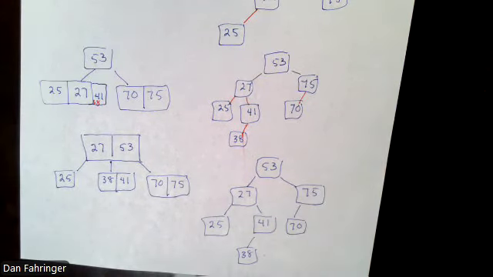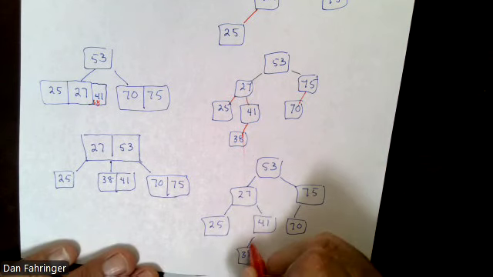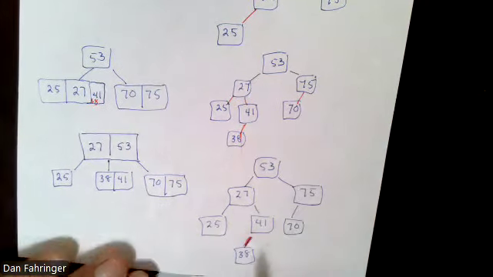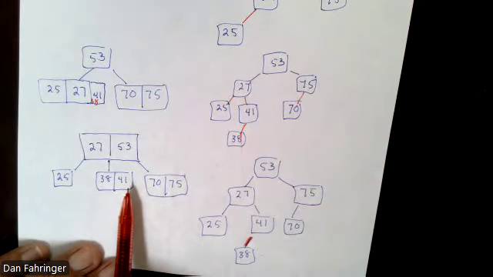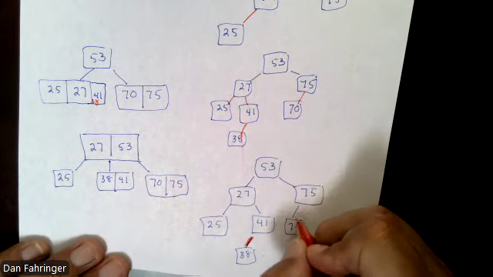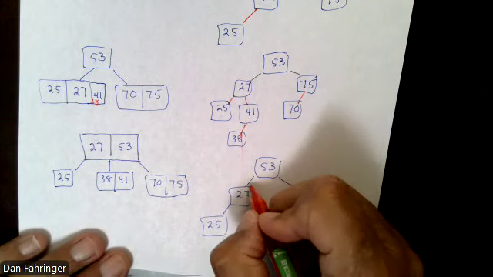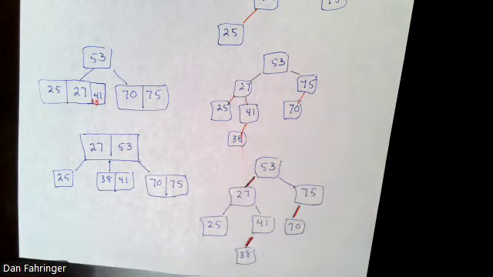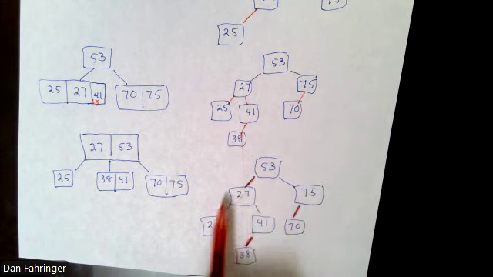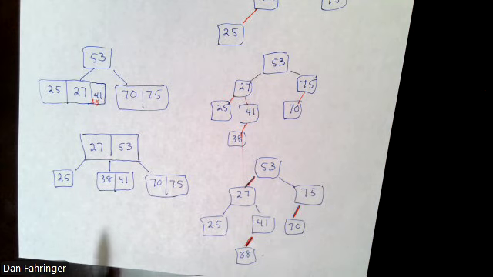Okay, shouldn't have drawn the lines in. This became a red. 38 and 41 are siblings. 70 and 75 are siblings. 27 and 53 are siblings. I have one black, one black, one black. 27 and 53 were siblings.